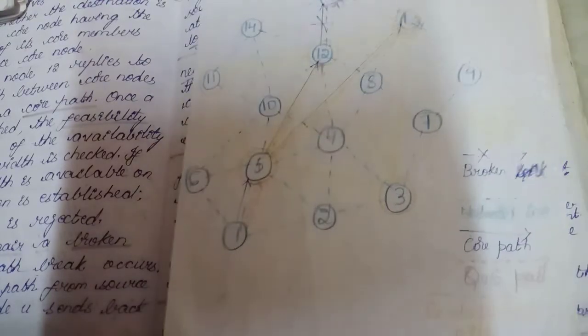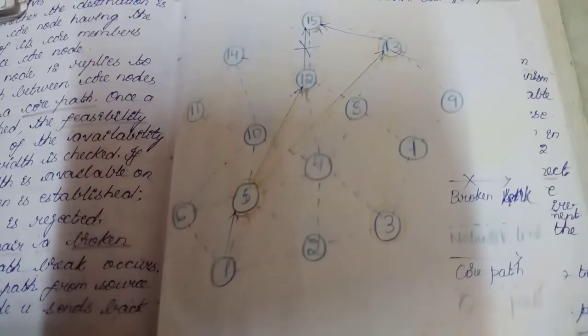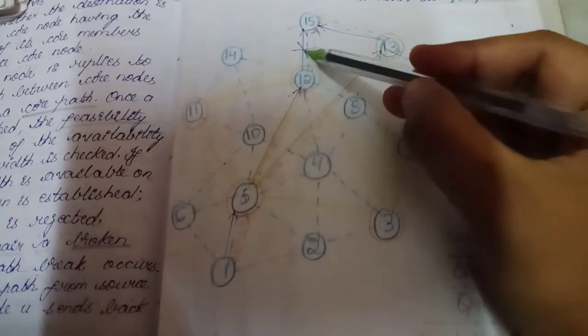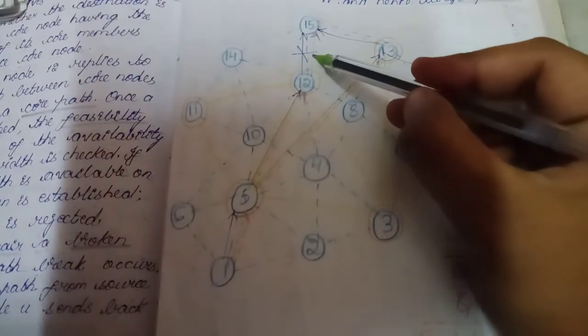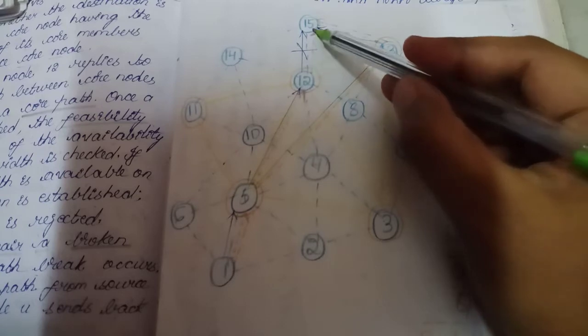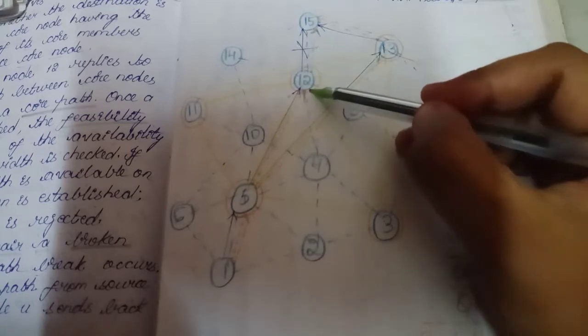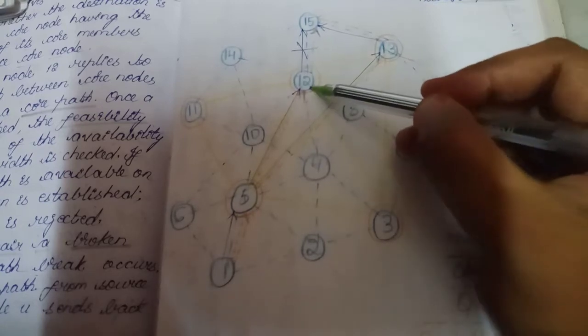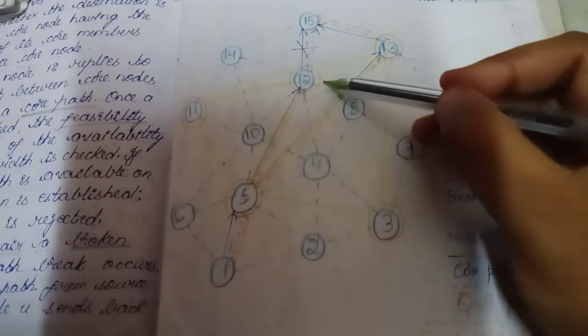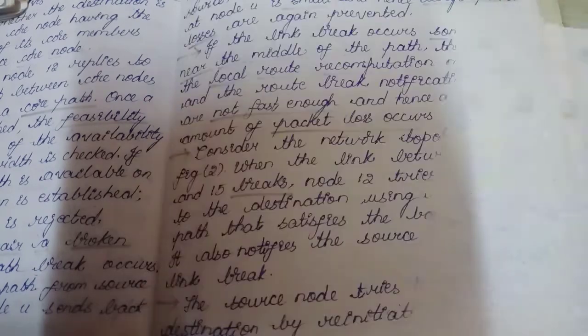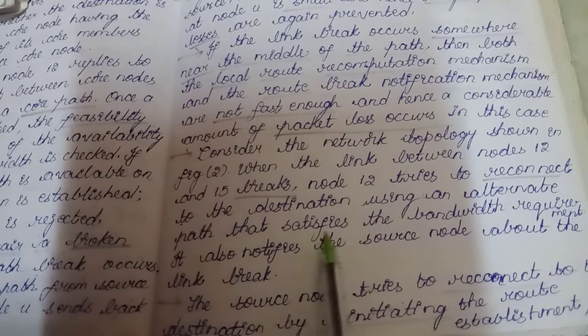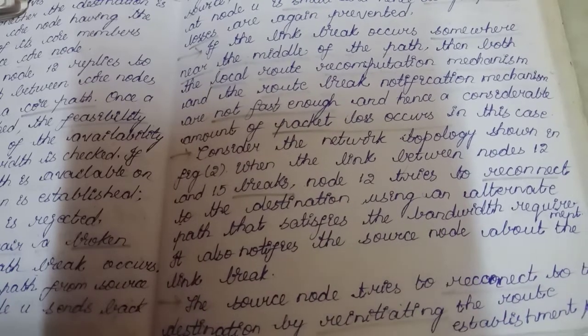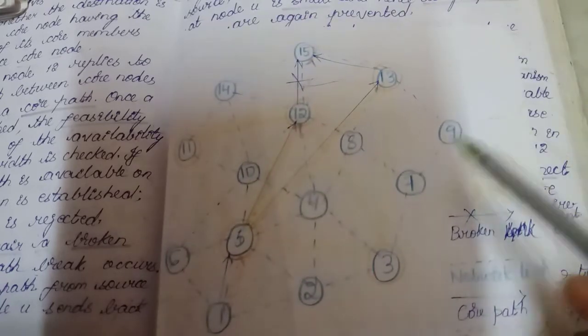See this. Here the cross mark shows that this is a broken link. When this happens, node 12 will immediately send a notification to the source node regarding this path break, and an alternative path will be found immediately in order to satisfy this condition.